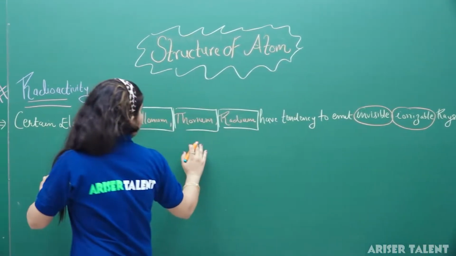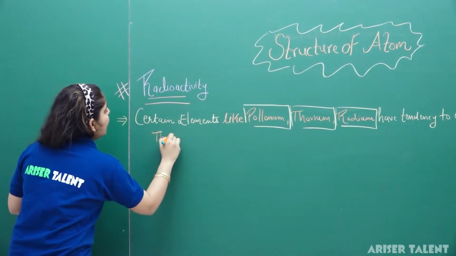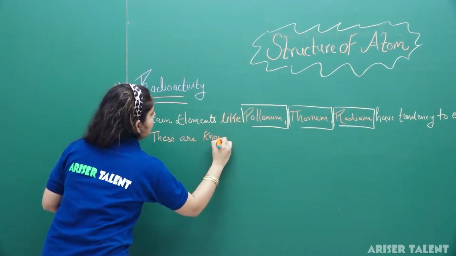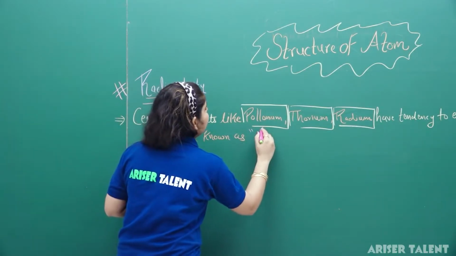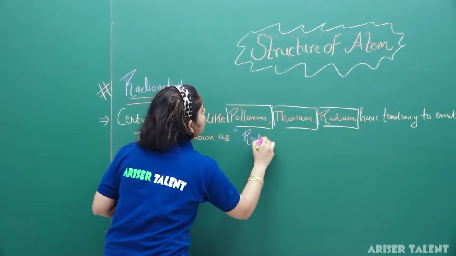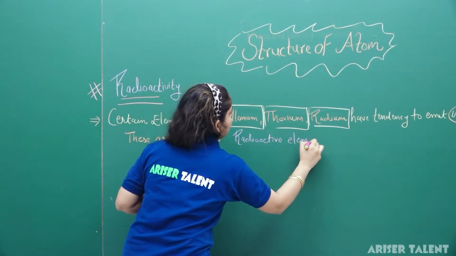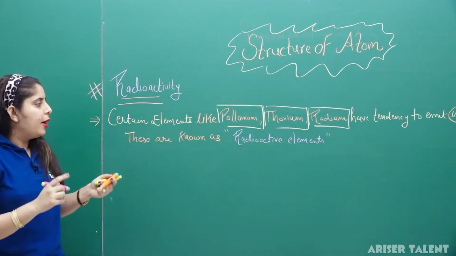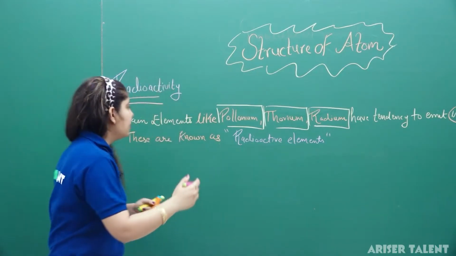So these elements are basically known as radioactive elements, or we may say radioactive isotopes. These elements are known as radioactive elements, and the process is known as radioactivity.